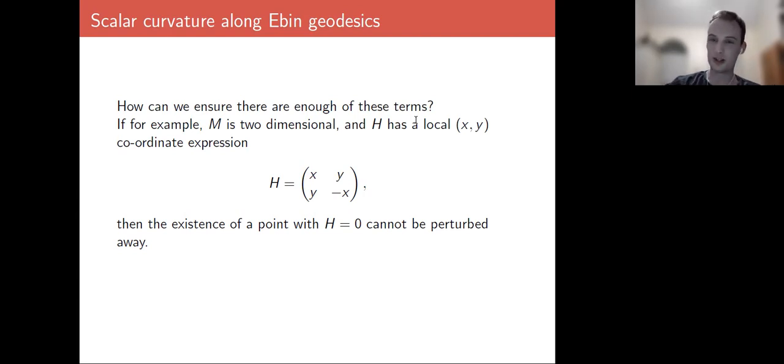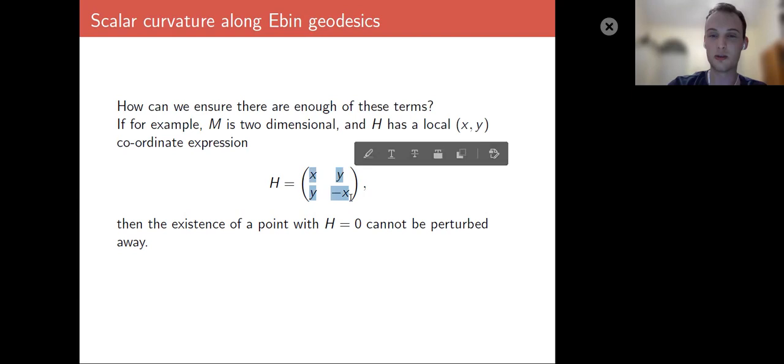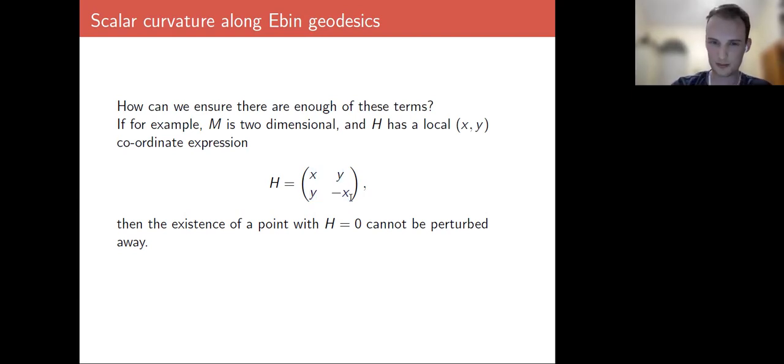Let's suppose that we're dealing with a two-dimensional manifold, and let's suppose that locally, in a local xy coordinate system, h has this expression here. So remember, we're interested in h that is symmetric and traceless. The origin in this coordinate system has 2 eigenvalues of 0, the thing is just 0 uniformly.